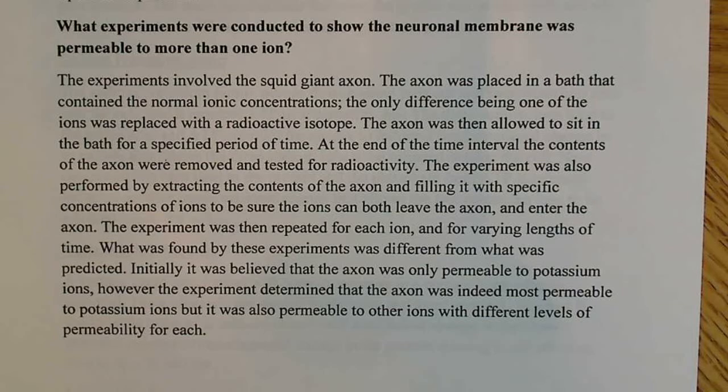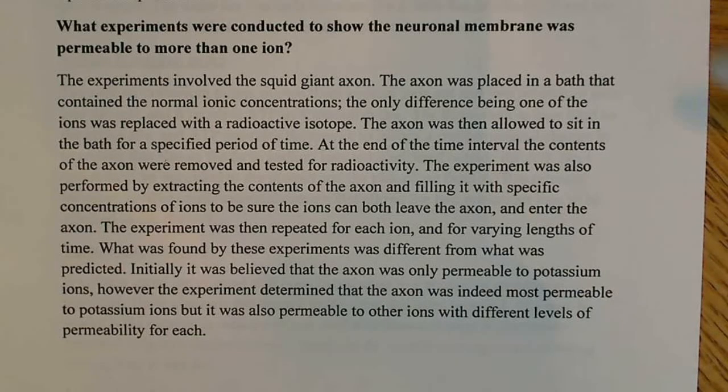The only difference being one of the ions was replaced with a radioactive isotope. So they took one ion, let's say K+ for this example, and used the radioactive isotope. The reason they used it was because they could detect the radiation once the experiment was complete and determine, did K+ ions move into the axon, or out of it, or in this case into the axon, because the bath is what contained the solution.